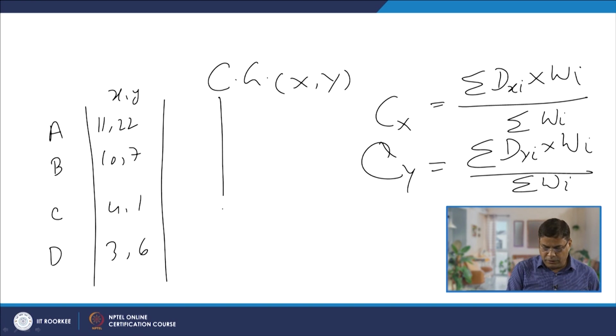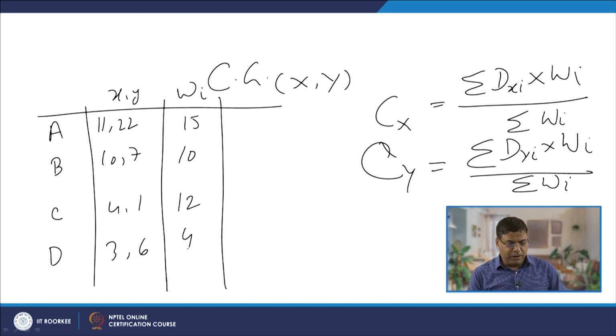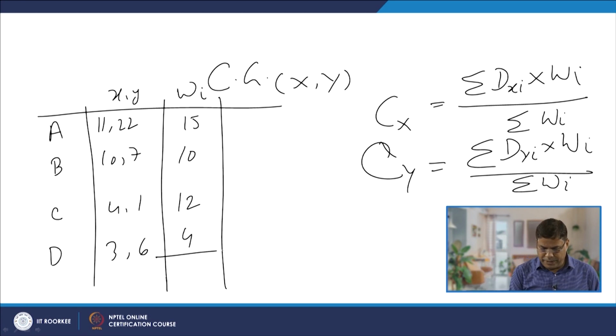The load or the weight W which is to be moved in and out for location A is 15, for location B is 10, for location C is 12, and for location D is 4. Then the algebraic sum of all these W's is equal to 41.